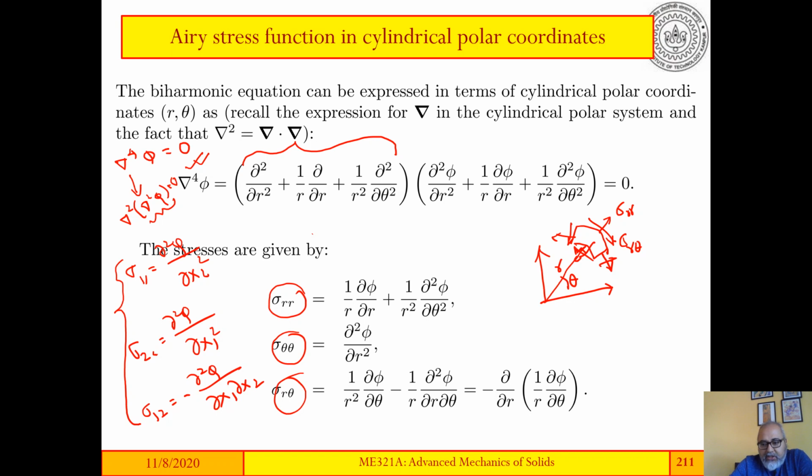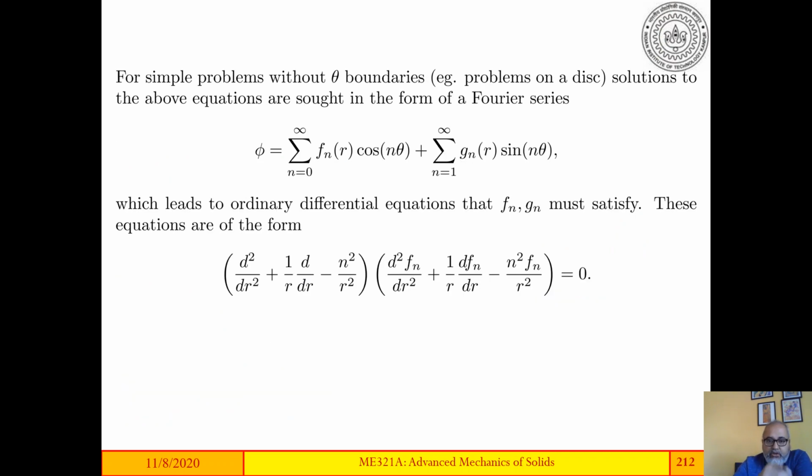We can do a similar thing here, and because it has a geometry with r and theta, the series that we can take can be a Fourier series. So this is a kind of series solution that is possible to take. These take care of the angular terms, and these are functions that are functions of r only.